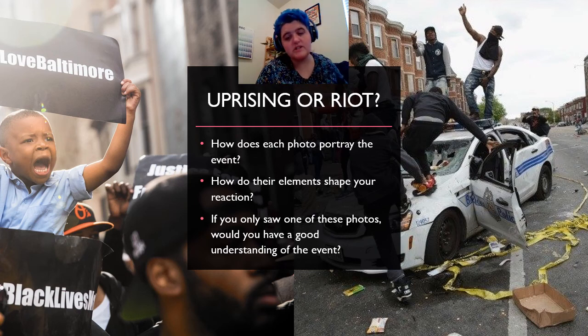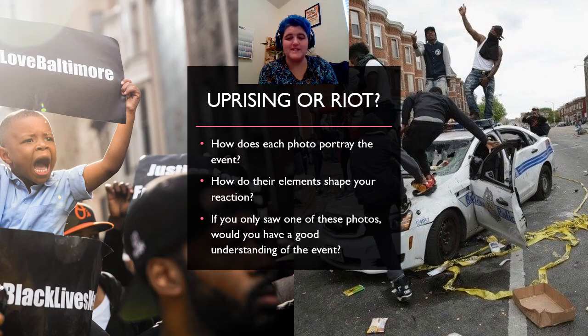These are both images of protests from Baltimore, Maryland from 2014. They were both from the same street, from the same day, and each photo tells a really different story about what happened.